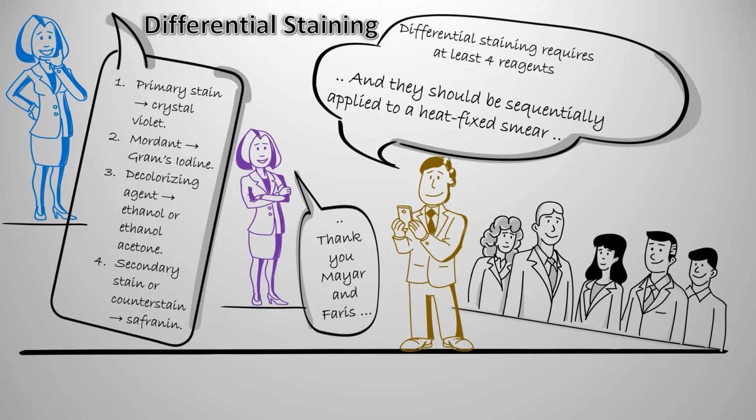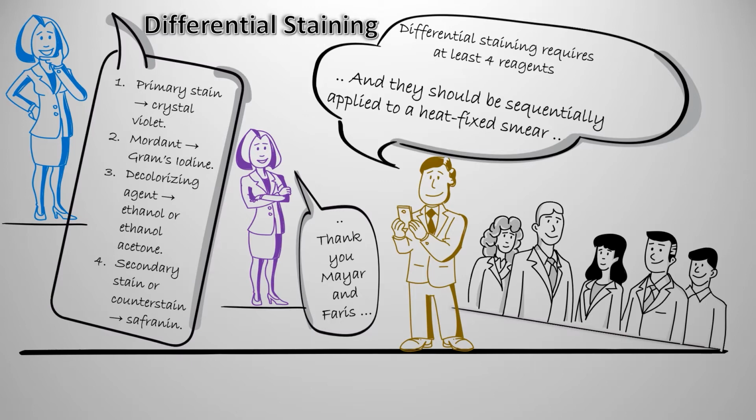Those two actions are determined by 2 factors. Number 1 is the concentration of lipids in the cell wall, and number 2 is the thickness of the peptidoglycan layer in the bacterial cells.